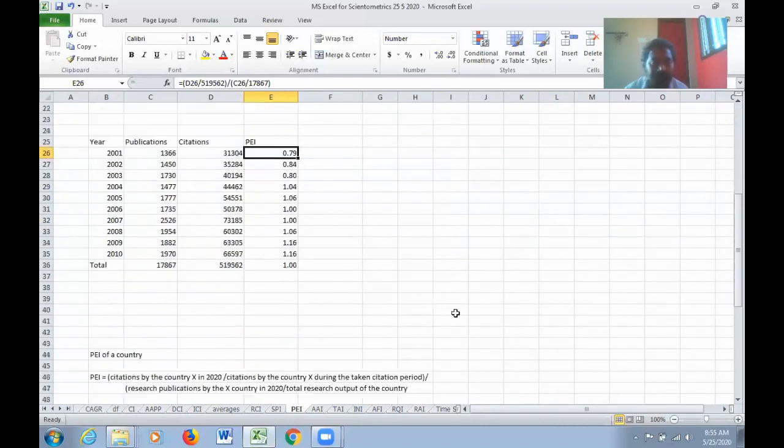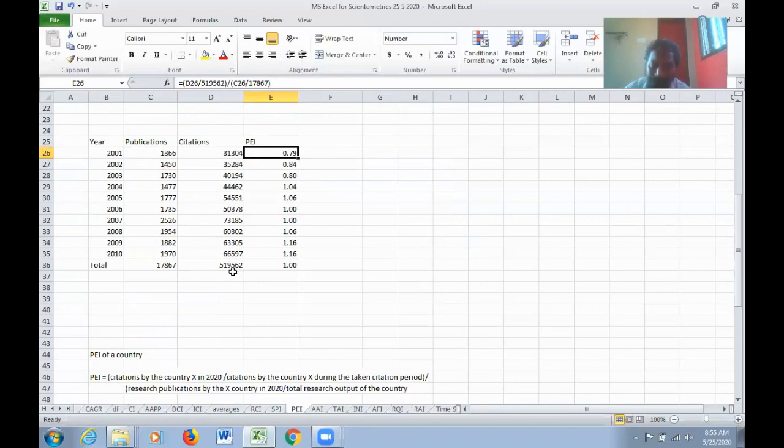Let us see here. You take 2001, the publications are 1366, the citations are 31304. Fine. How can you calculate the publication efficiency index of 2001? It goes this way. D26. What is D26? Number of citations for 2001 divided by 519562. What is that?